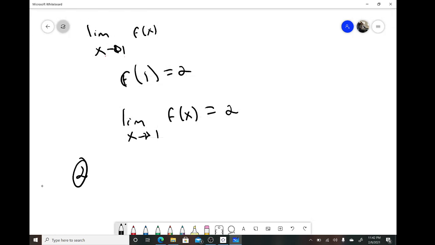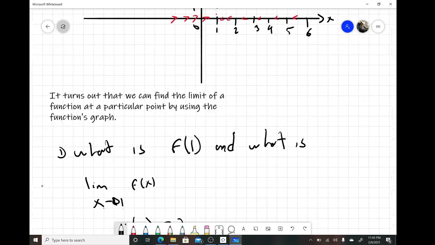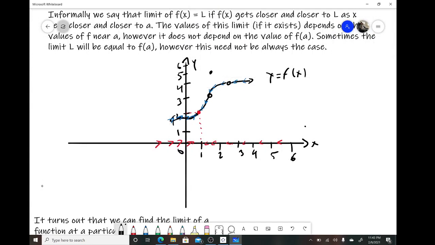So number 2, what is f of 2 and what is the limit as x approaches 2? Okay, so what is f of 2? If we go back to this line, first of all, I didn't draw it to scale.